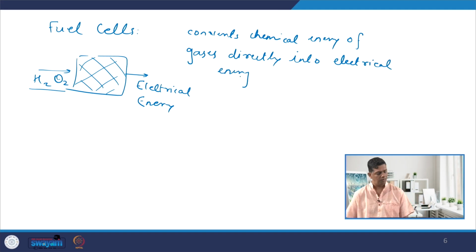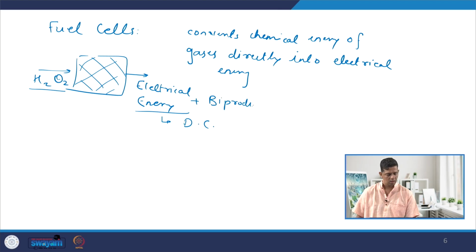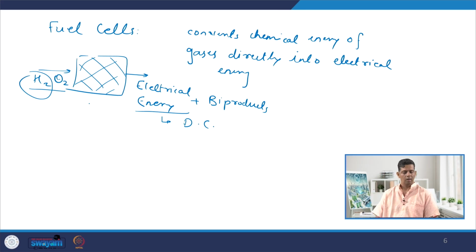Please be informed that this electrical energy that we are talking about is DC. We get direct current through these fuel cells, and along with electricity, we also have byproducts. Depending on what fuel we use, if you have hydrogen, then the byproduct is water. If we have different fuels like methanol or ethanol, then the byproducts will also change.